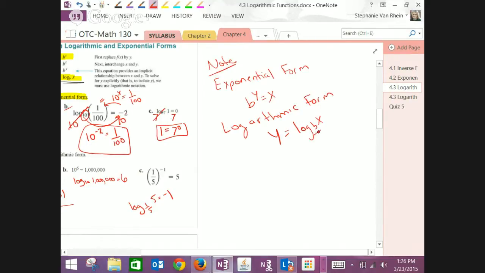So this is saying b to the y equals x. Some methods teach that to get rid of log base b, you take b to that power on both sides. To get rid of b to a power, you take log base b of both sides. And you can always cancel it out and end up with whatever form you want it in.